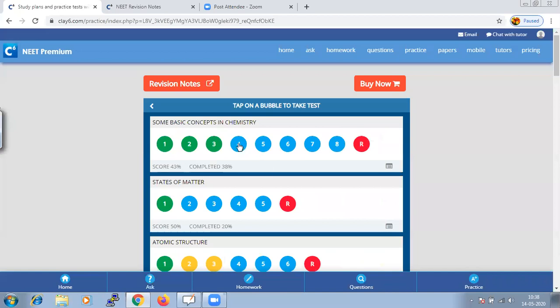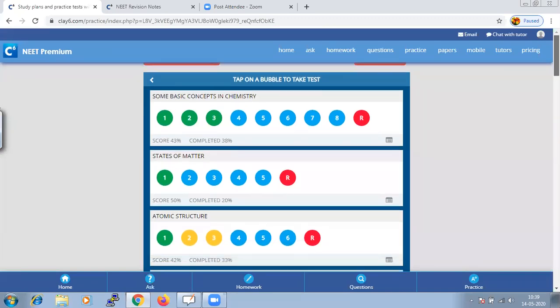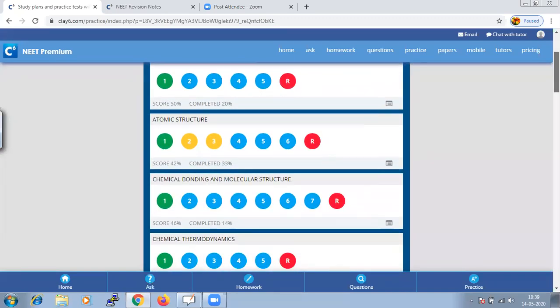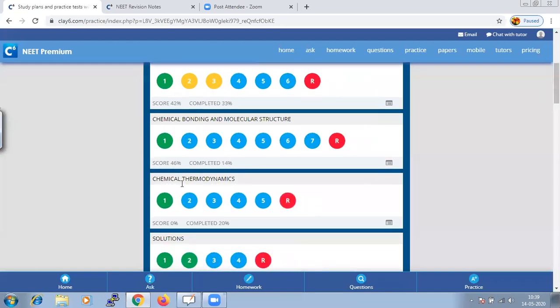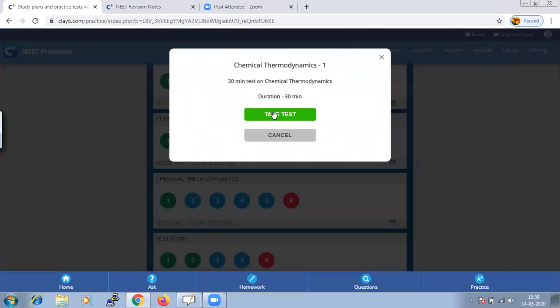Blue says that it is yet to be taken, and R is a random test. Even if the test is taken, we can take that test n number of times until we feel confident in that particular test or we know the answer to all the tests. So for today's session, let us do a test from the chapter Thermodynamics.